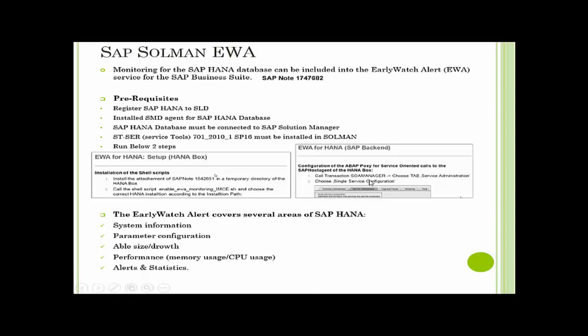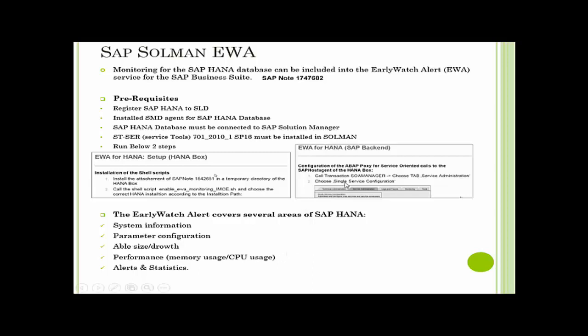And at the backend system, that is in the SAP Solman system, we have to configure the ABAP proxy for service oriented calls, which is done to the host agent running on the HANA box. So additionally, we have to make sure the host agent running on the HANA box is of the latest release.